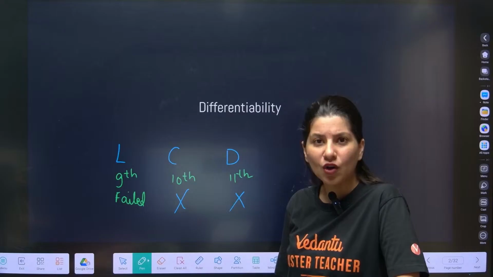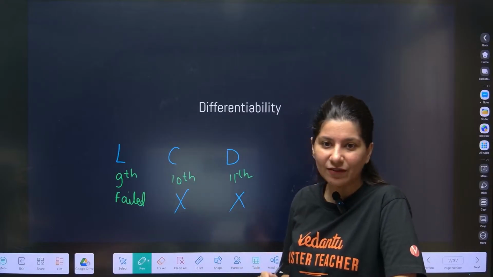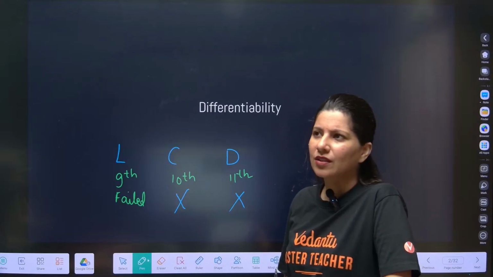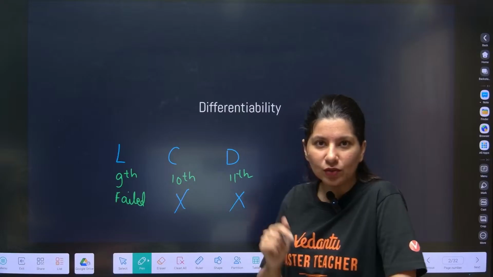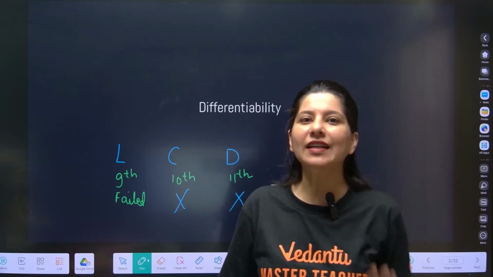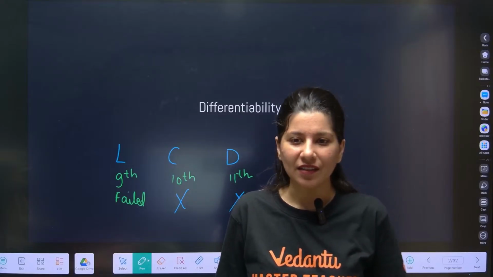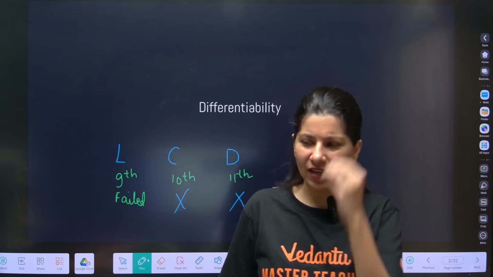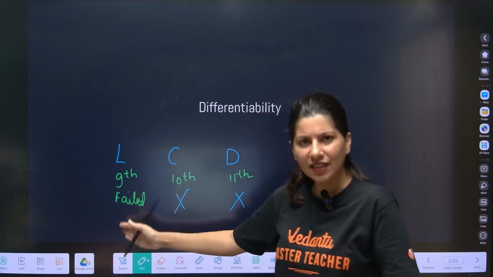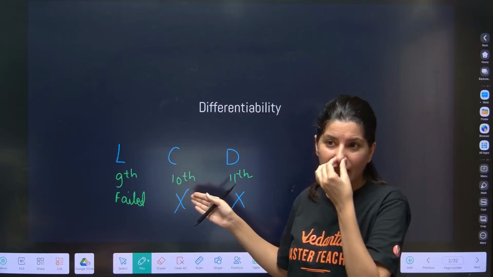If a student has failed class 9th, are you going to ask him, hello, 9th class failed, what about 10th class? He will tell you, are you stupid? I failed class 9th. Now what about class 10th? I don't even talk about class 10th now. I should pass class 9th first to get promoted to class 10th.